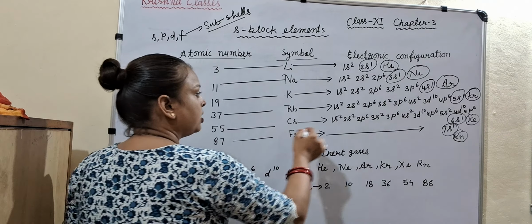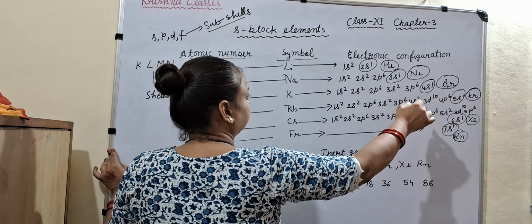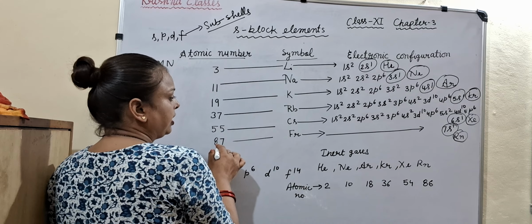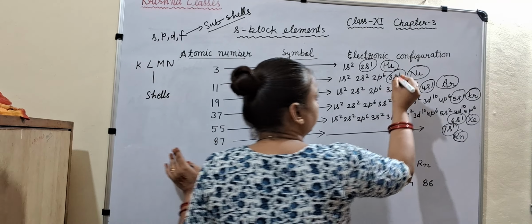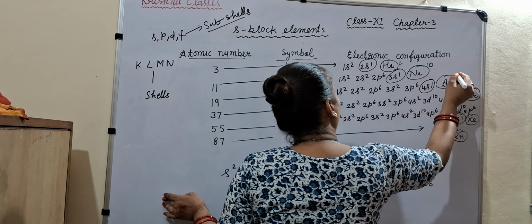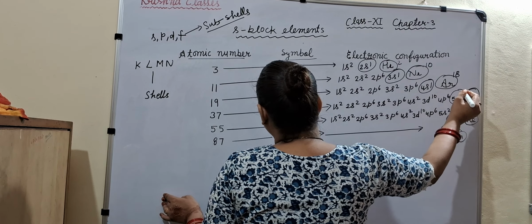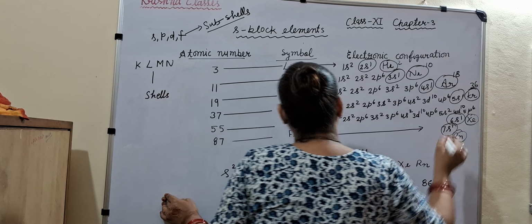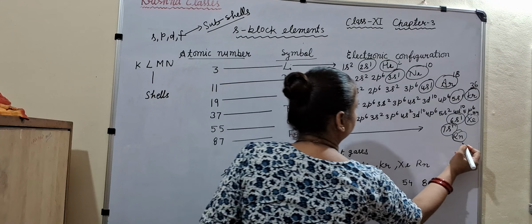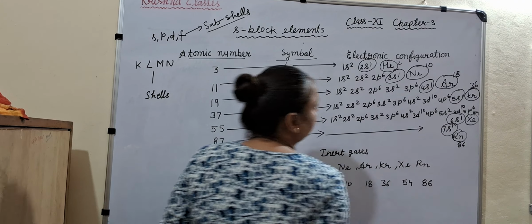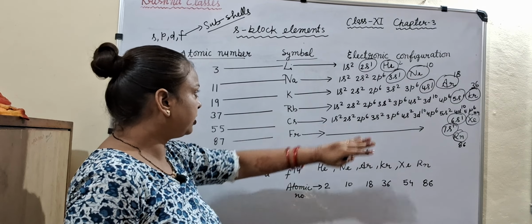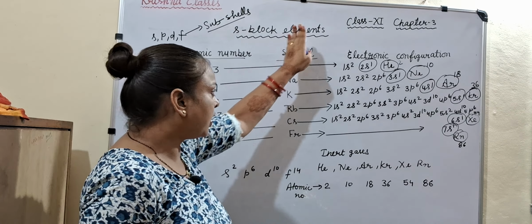Cesium 55, just like xenon, francium 87, just like radon. Here you can write helium 2, neon 10, argon 18, krypton 36, xenon 54, radon 86. So they are completely filled shells. That's why they are called inert gases, and these are the S block elements.